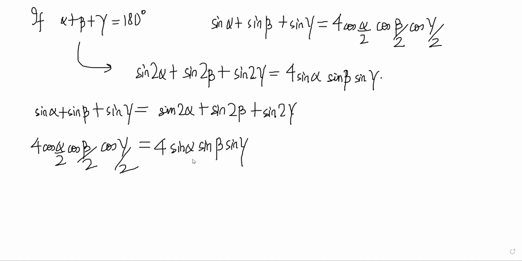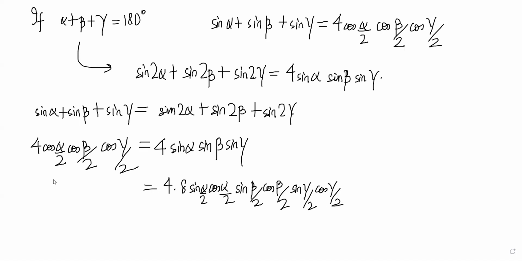We can use the double angle formula on this side and say 4 times 8 sine alpha by 2 cos alpha by 2 sine beta by 2 cos beta by 2 sine gamma by 2 cos gamma by 2 is equal to, this side is 4 cos alpha by 2 cos beta by 2 cos gamma by 2.